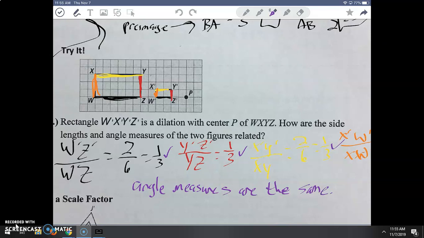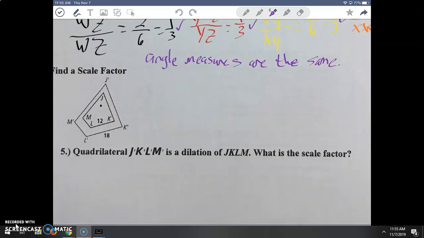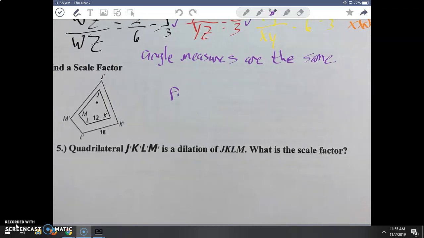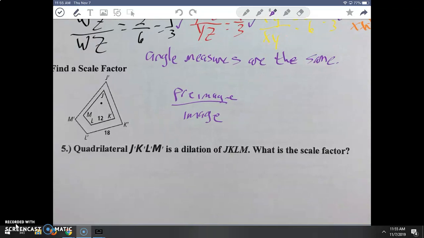Okay, so now let's scoot down to scale factor. So it looks like this is going to be a 2-video lesson. This define a scale factor is basically exactly how we set it up just above it. We're going to set it up as the pre-image over the image, and we're going to look at their similar sides.